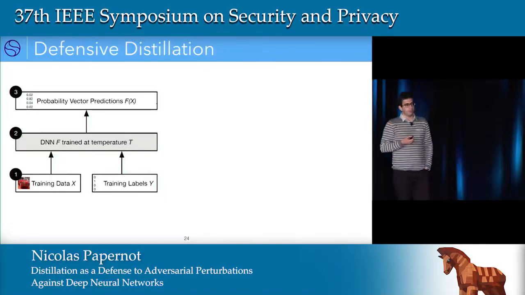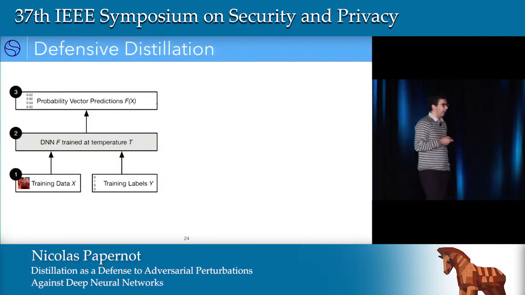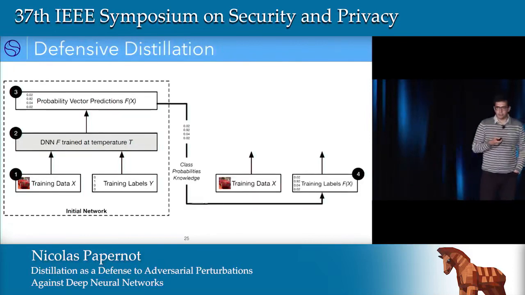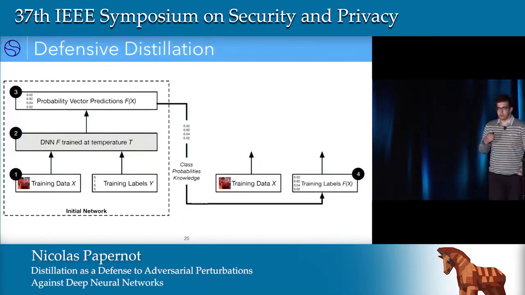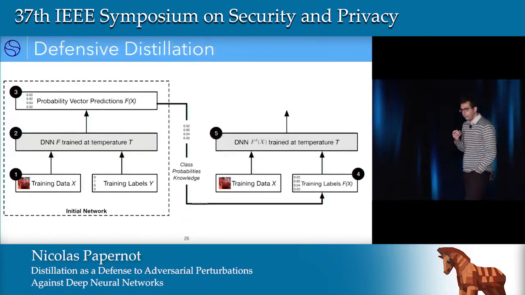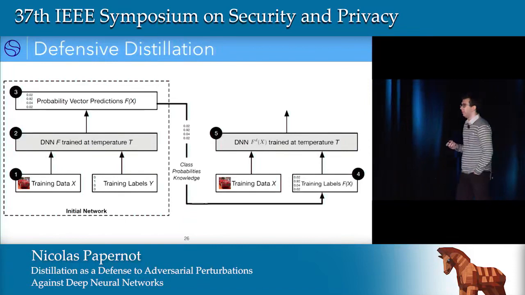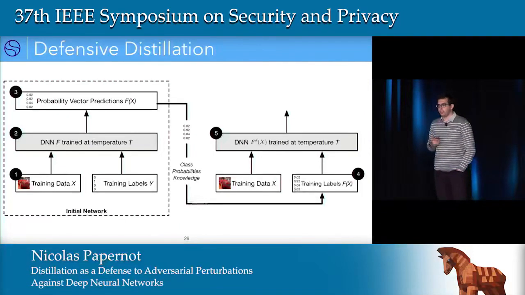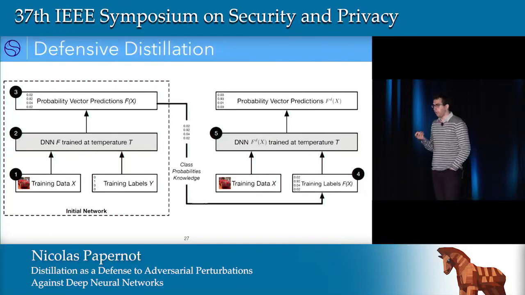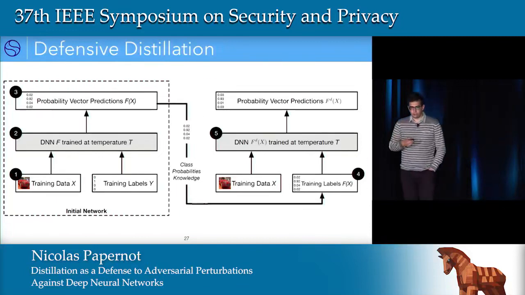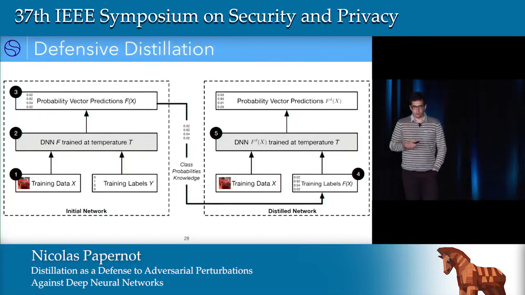And you will produce this way probability vectors that are very smooth. You are going to then use these probability vectors to label your data. That is, you replace the labels that simply indicate the correct class with the probability vectors. You train the same architecture from scratch using this new labeled data set, and you obtain a new model, which we call the distilled model.